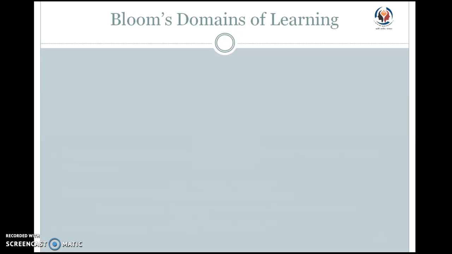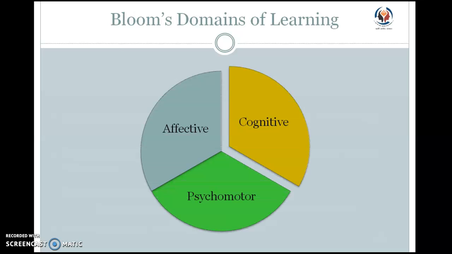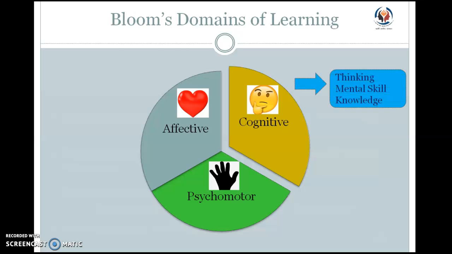As per Benjamin Bloom, there are three main domains in learning: cognitive, psychomotor and affective. So let's discuss these three domains. First, the cognitive domain is knowledge based, which comes with thinking and mental skill.